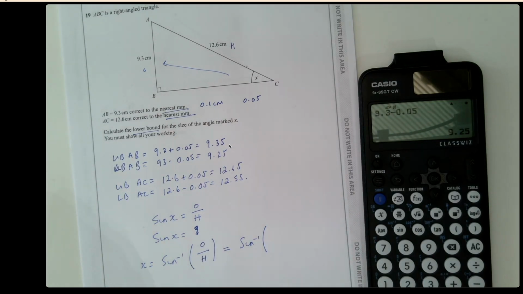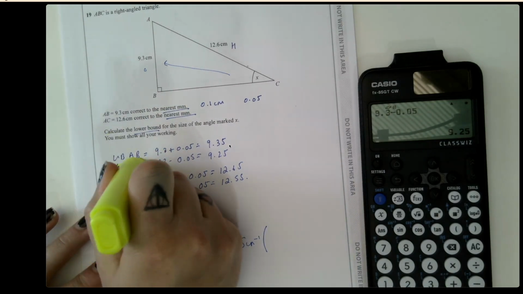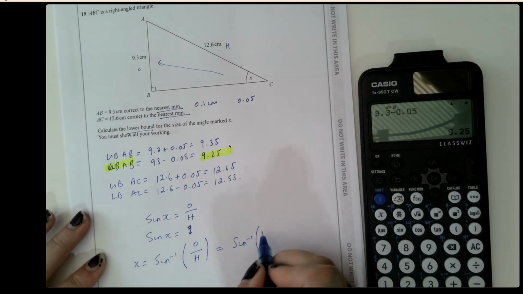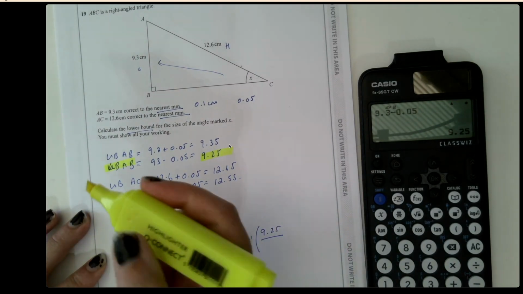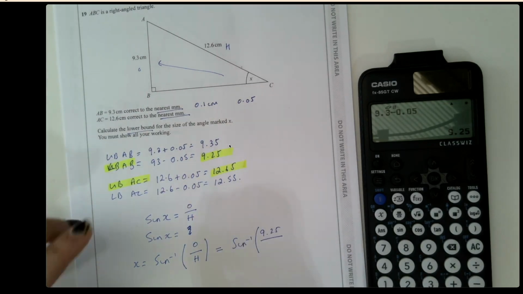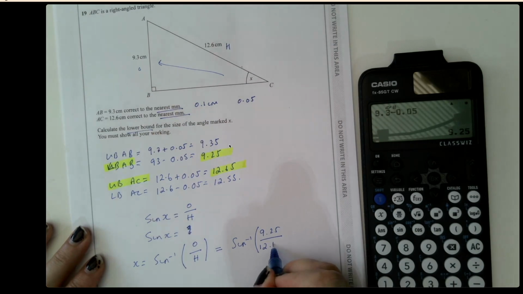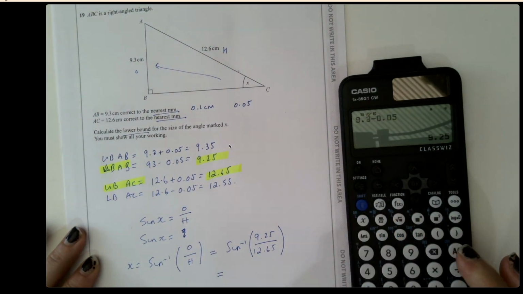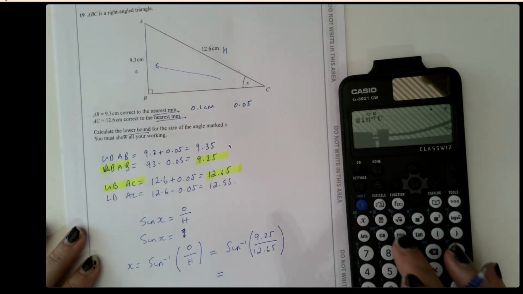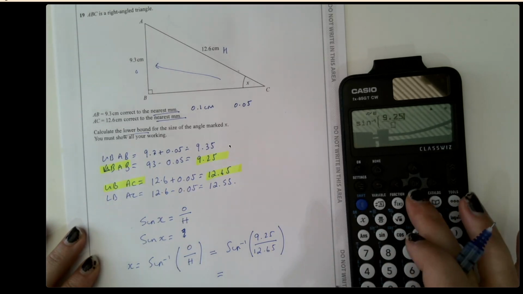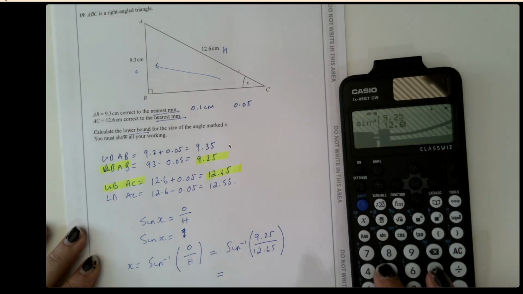So we're going to use the lower bound of AB, and we're going to divide it by the upper bound of AC, which is the hypotenuse, because the bigger the number you divide by, the smaller the answer you're going to get. So we have shift and sin, and then it's 9.25 divided by 12.65, close the bracket.